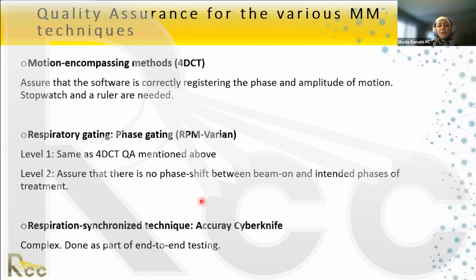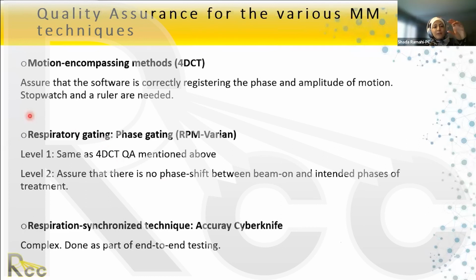Phase gating, respiratory gating really is very involved. Not only do you have to do the QA you do for 4D CT, you're making sure the device is using the correct phase and amplitude. And we do this on a monthly QA basis. It's a very simple stopwatch. We use our phones, put a stopwatch, and then we use a ruler.